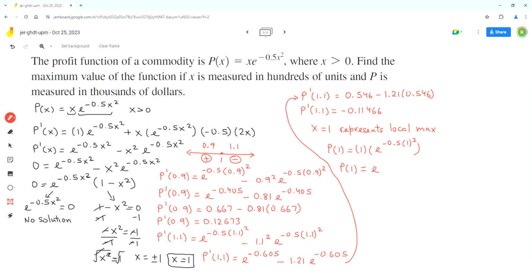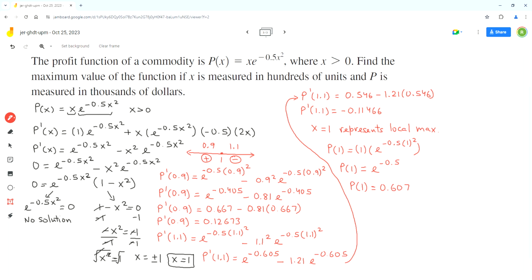It will be e to the power 1 squared is 1, times negative 0.5 is negative 0.5. And now we can evaluate it. So I got 0.607.